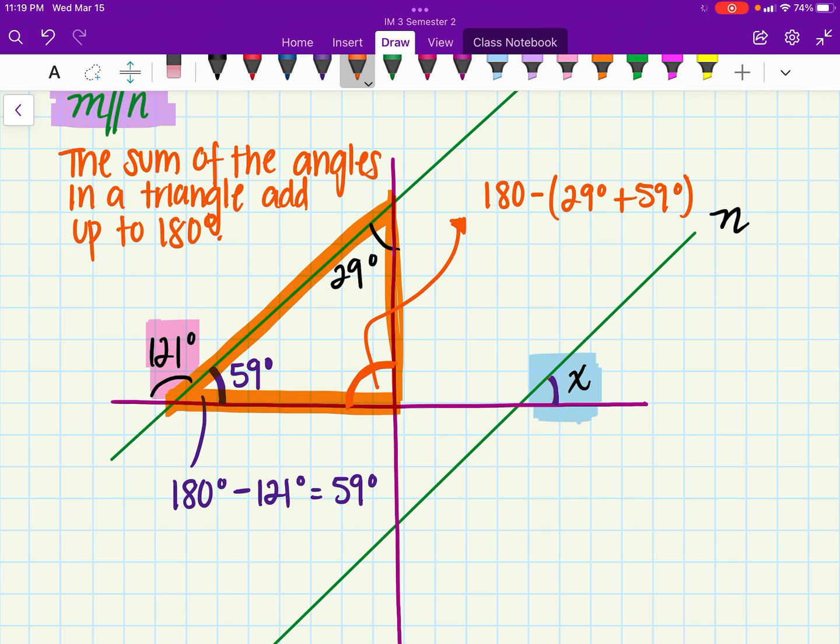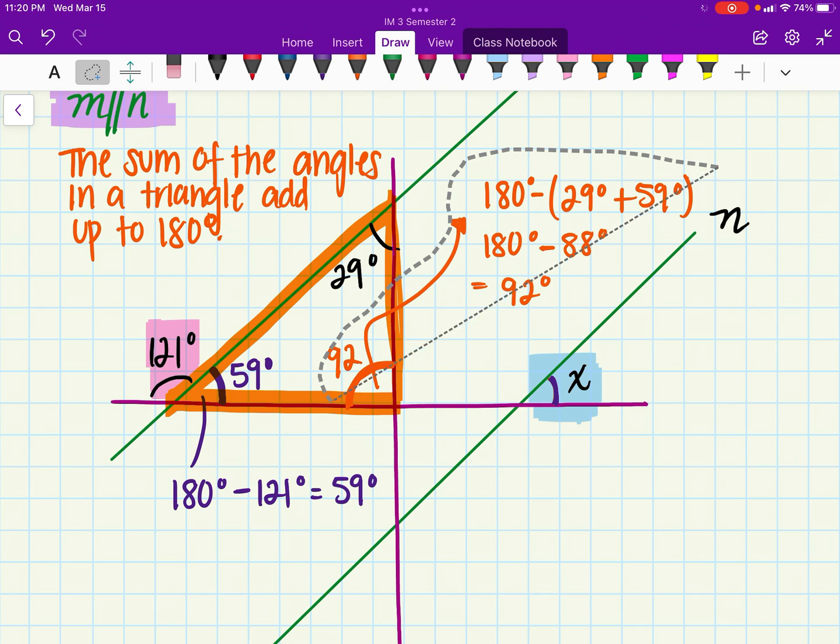If I add those two, that is 88. So 180 degrees minus 88 should equal 92 degrees. So this angle here is going to be 92 degrees.